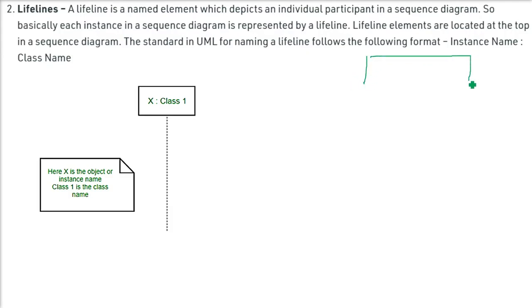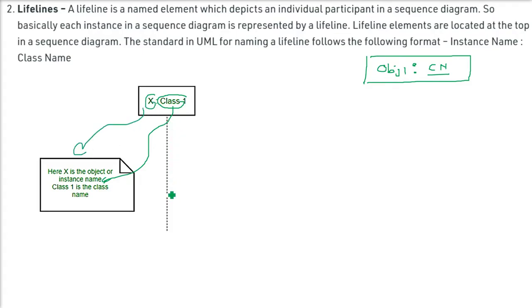So we make a box like this, there is a colon, and on the right hand side we write the class name. Sometimes you don't have to write the object name. You can just underline the class name. But when you want to give the object name, you have to give it on the left hand side. So Class1 here is the class name, and this X is the instance of that class, which is the object of this class.